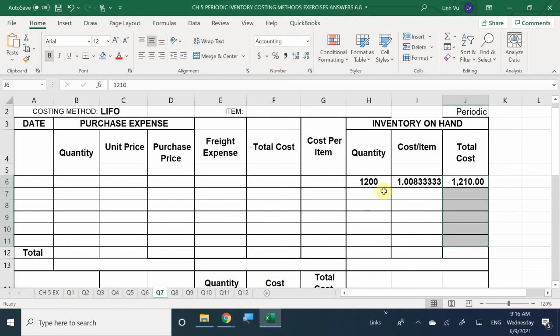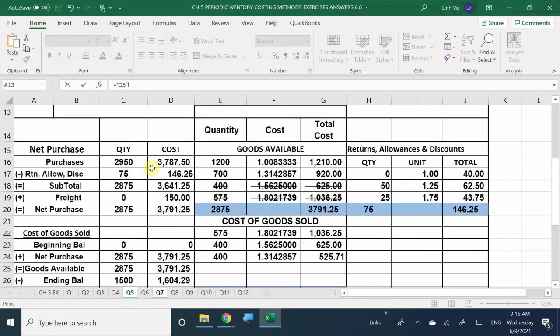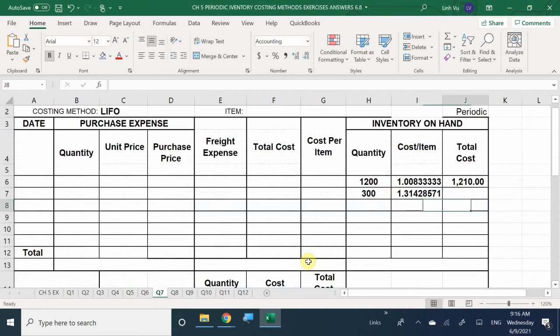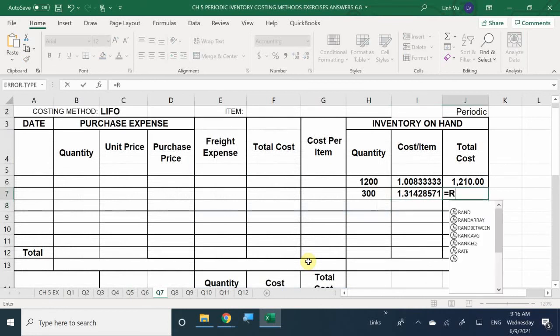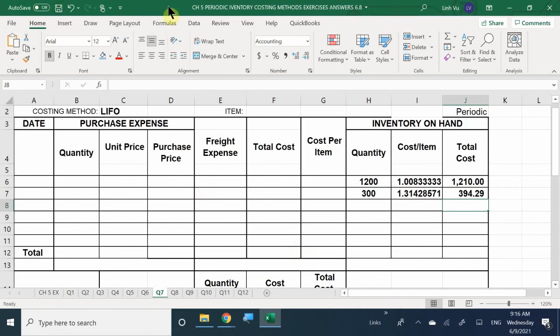All right, and we had 300 from the previous batch, right? Which in this case cost me a total, or I guess it's, which should give me a total of the 394.29.